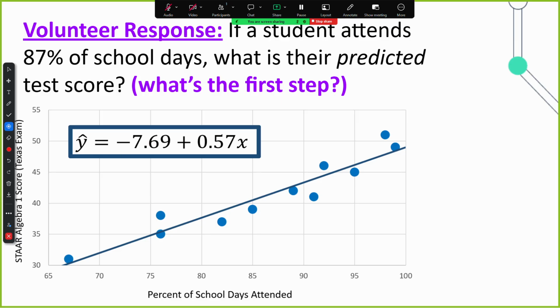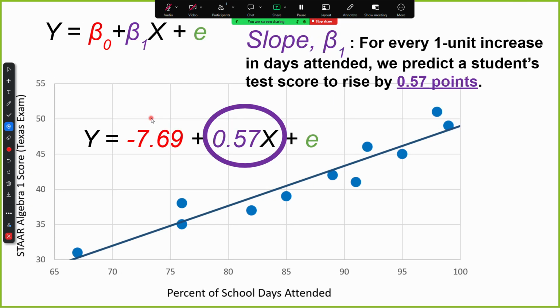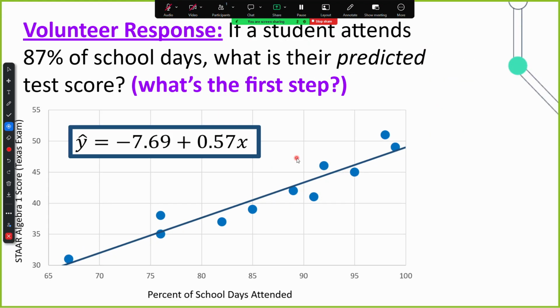Now, let's look at this. If a student attends 87% of school days, what is their predicted test score? Let's ignore the error for a second.